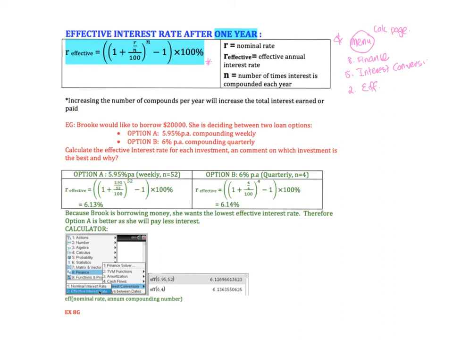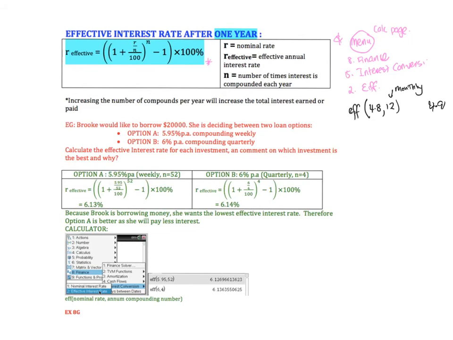Once you click on that, you get the EFF up on your calculator and an open bracket. So you put your per annum rate, before we had 4.8 per annum, and then you tell it how many times a year you're going to get interest. If it was monthly, you go comma 12. Then you press enter and it'll tell you the effective interest rate.